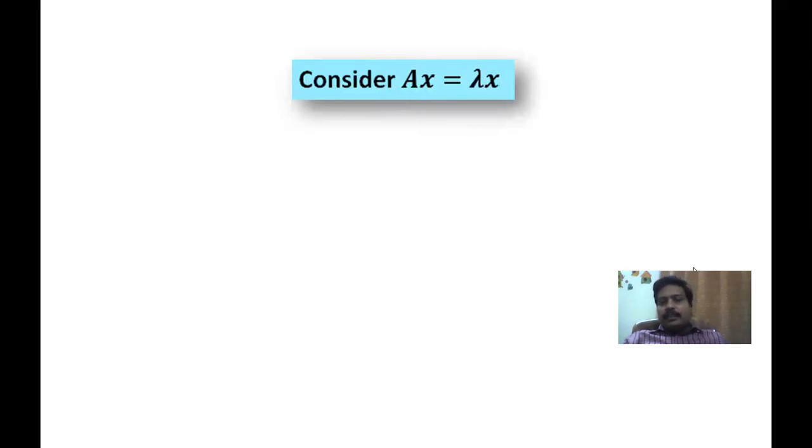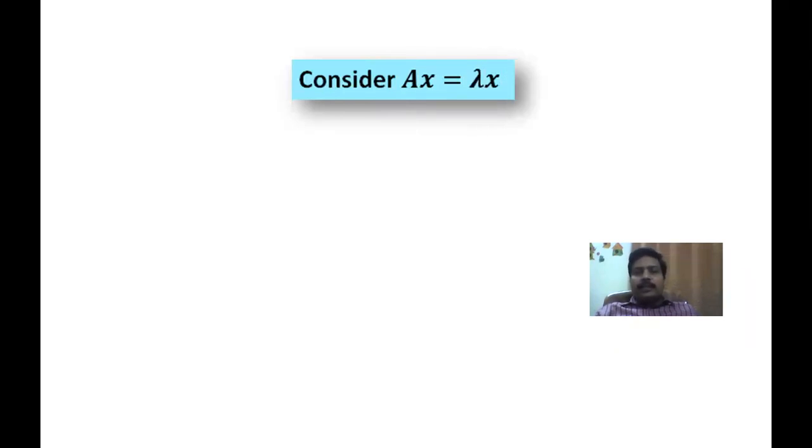First, let us consider a system AX equals lambda x, where A is a matrix and X is a vector. Actually, AX transforms the vector X into another vector.